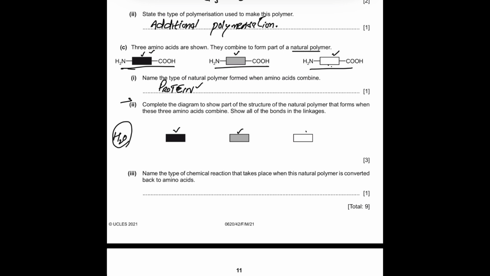So how can we remove water? The water is basically HOH. So you must know that we have to remove the OH, hydroxide, from the carboxylic acid side, and H from the other side, the amine side.